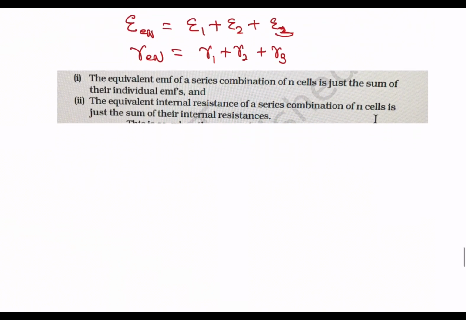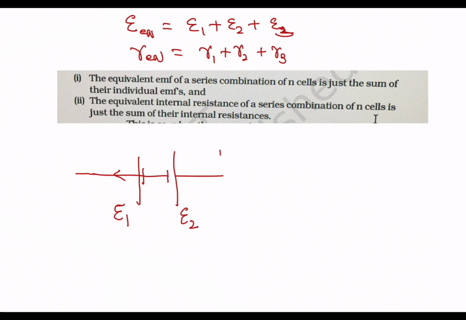Sometimes, the cells are connected in such a way that one of the cells is driving the current in the opposite direction. Let us assume that the first cell of EMF E1 is driving the current in the same direction, but the second cell is connected such that it is driving the current in the opposite direction.